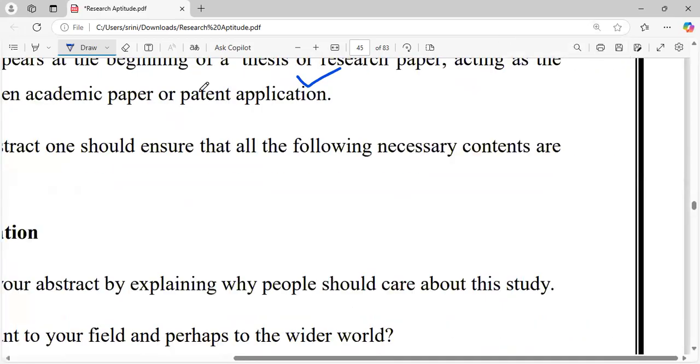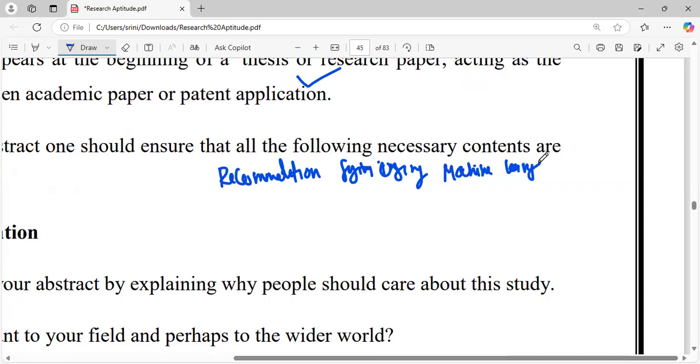Okay. Such as, if I have research on recommendation systems using machine learning, improving recommendation.